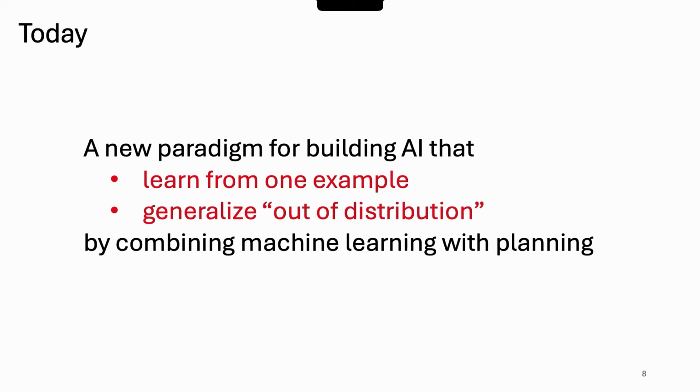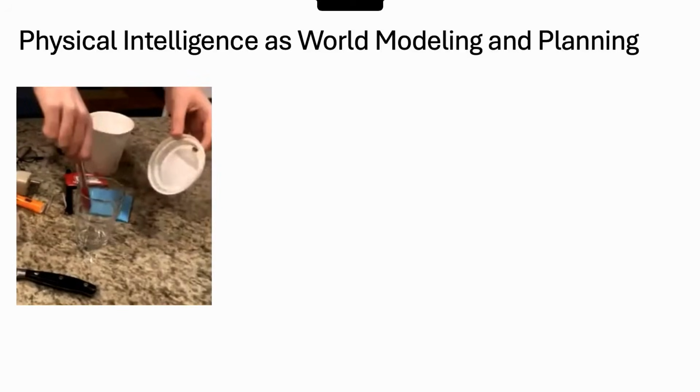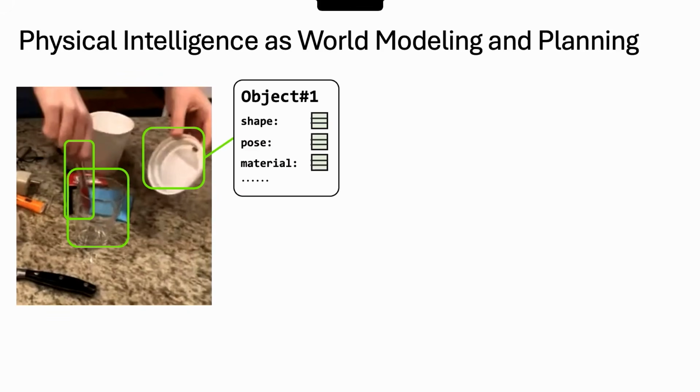So it starts from this high-level view of thinking about physical intelligence as a combination of world modeling and planning. If you look at this thing, as humans, you not only see the pixels or patches. What you see is that, first of all, there are objects there. And objects have properties, they have shapes, poses, materials, and so on.